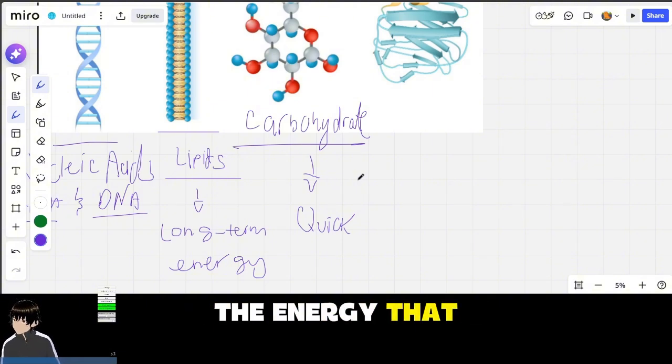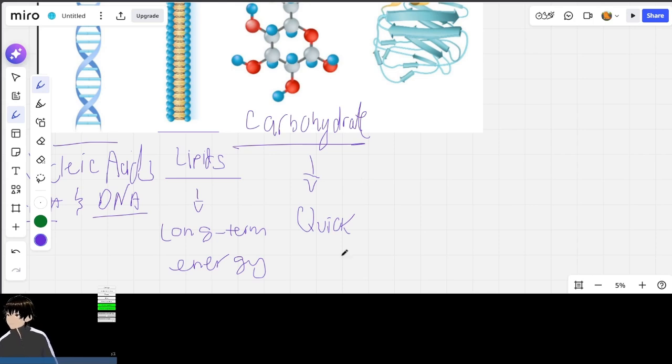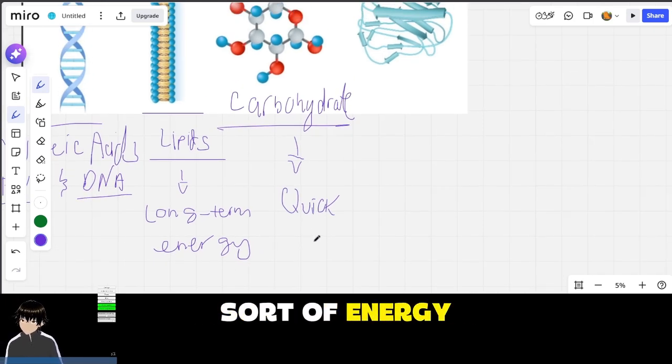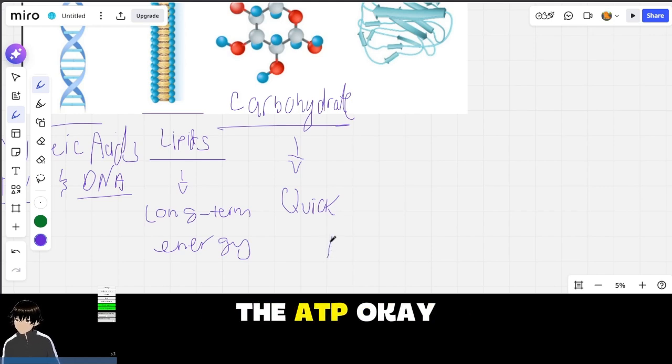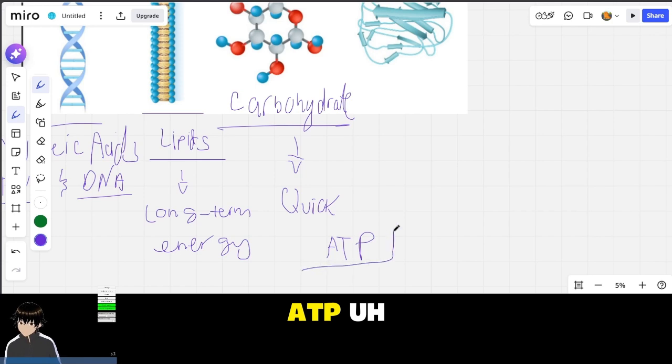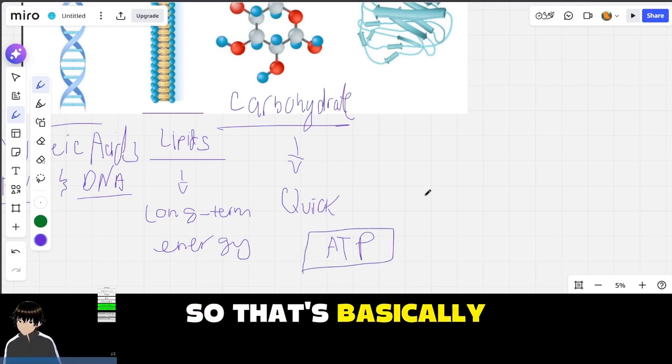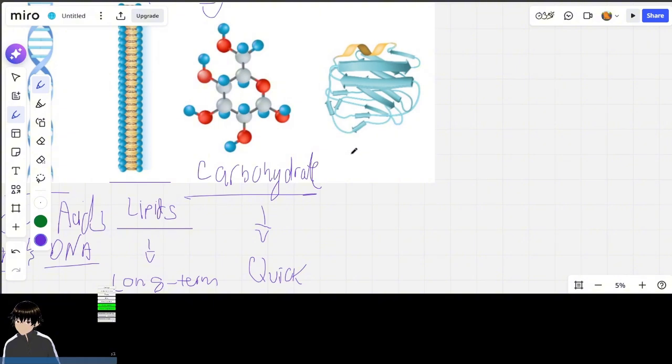And what is the energy that we're talking about? It's basically just the universal energy currency, which is the ATP. So that's basically what a carbohydrate is.